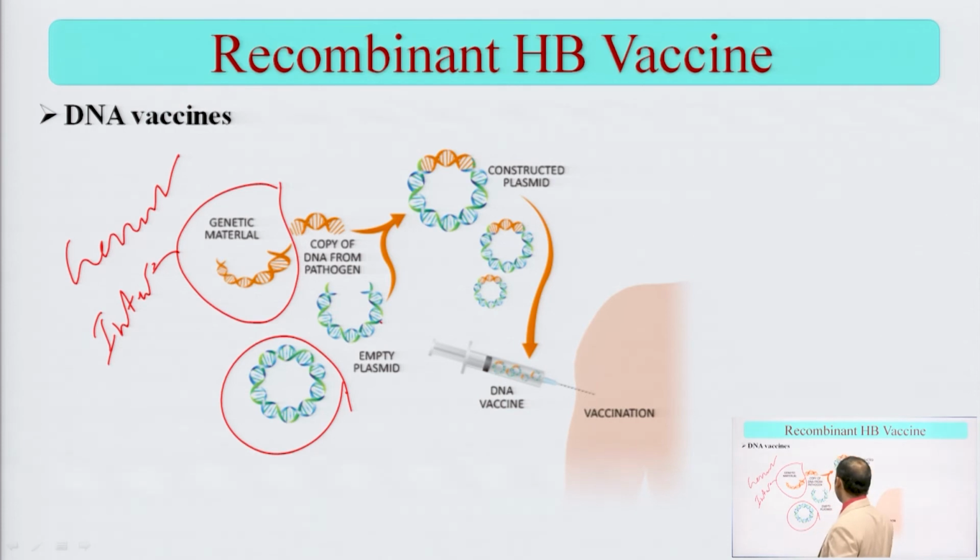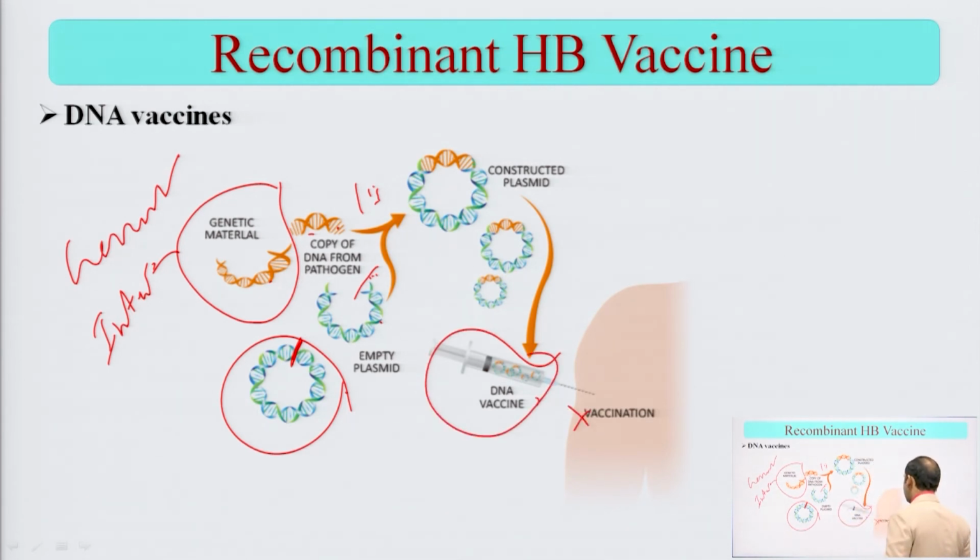Here is the empty plasmid, nothing is in it. Using a restriction endonuclease, you cut the plasmid, and you add the gene of interest into the plasmid using ligase. Then the plasmid is constructed, and whatever DNA you have got here, you give directly to the human body. This is called a DNA vaccine.